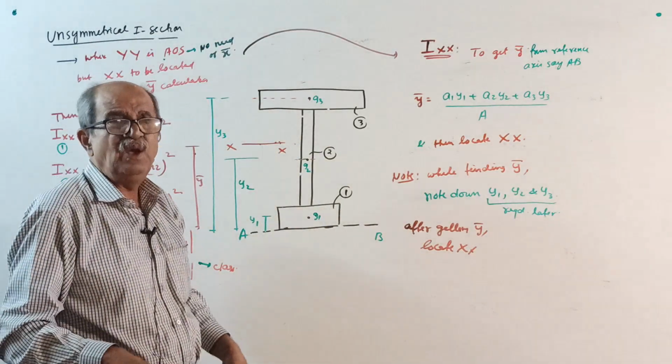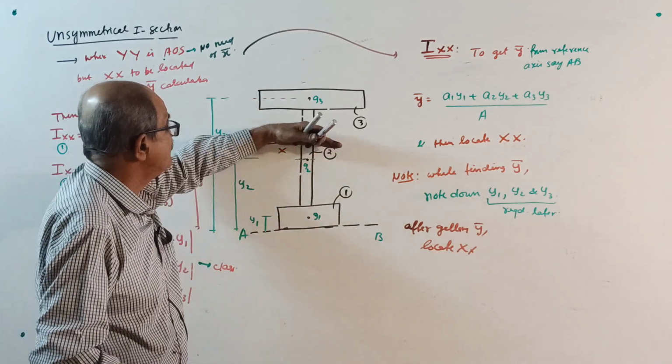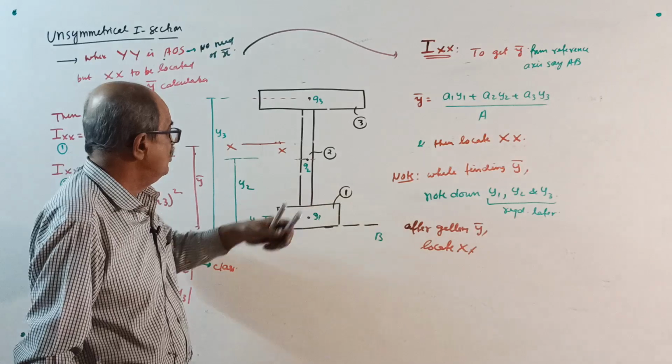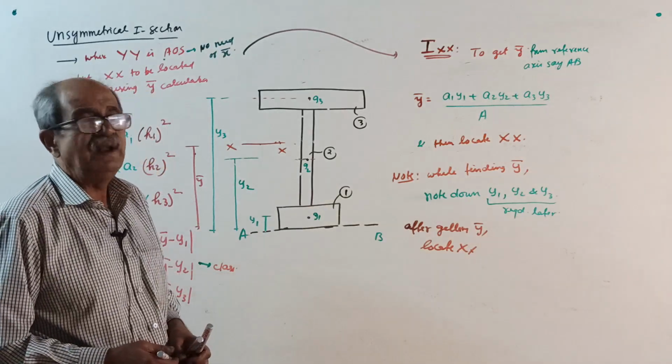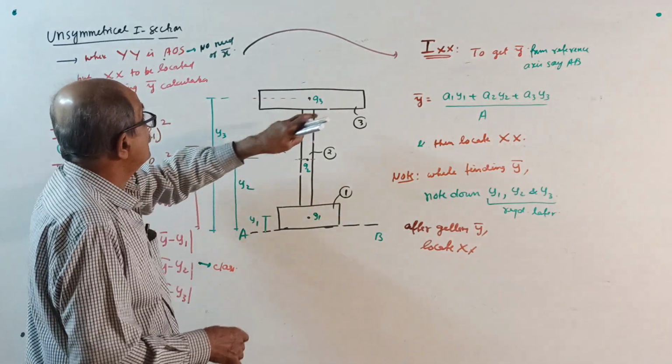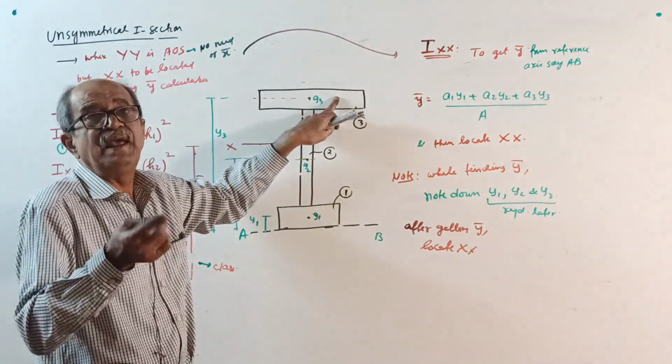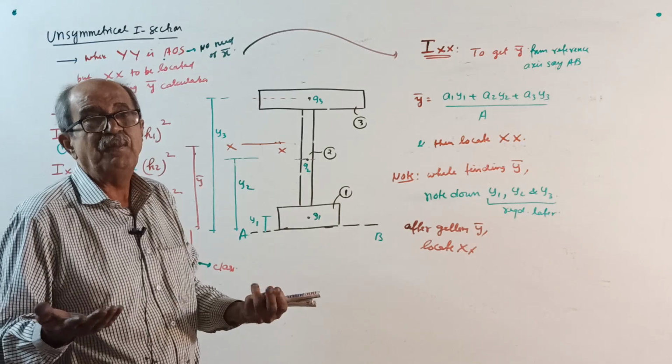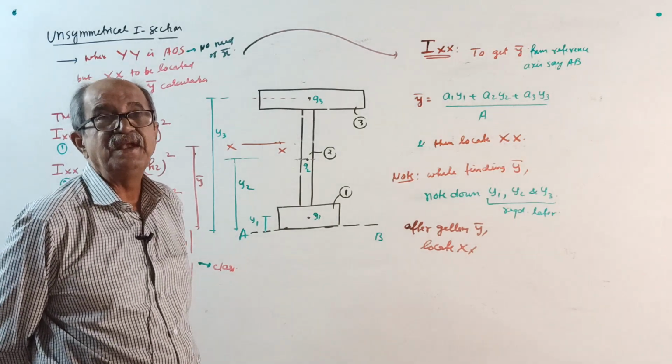But do one thing. If the axis comes here, for these two it will be y bar minus y1 and y bar minus y2, but for the third one it is y3 minus y bar. No problem, because you are squaring it.